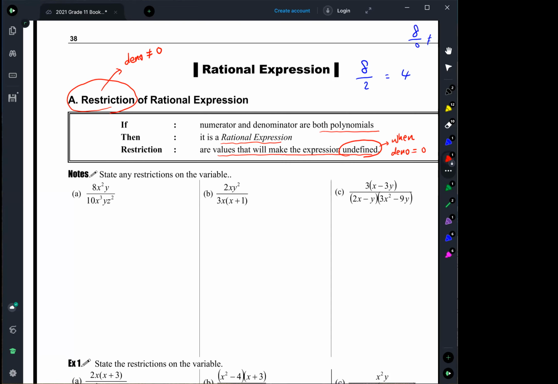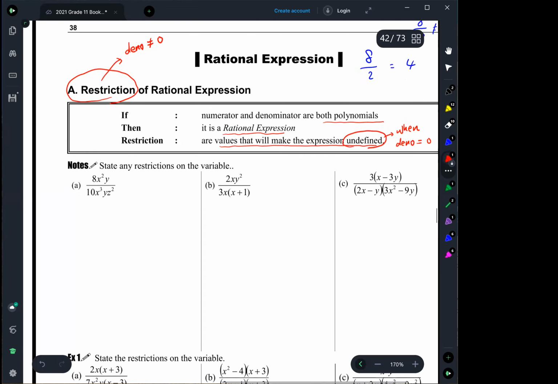Let's look at the first question, question A. Don't worry about simplifying. We're just looking for restrictions. If you look at the denominator, we see there are 4 things multiplying: 10, x cubed, y, and z squared. You look at each part, because anything times 0 will make the whole thing become 0.